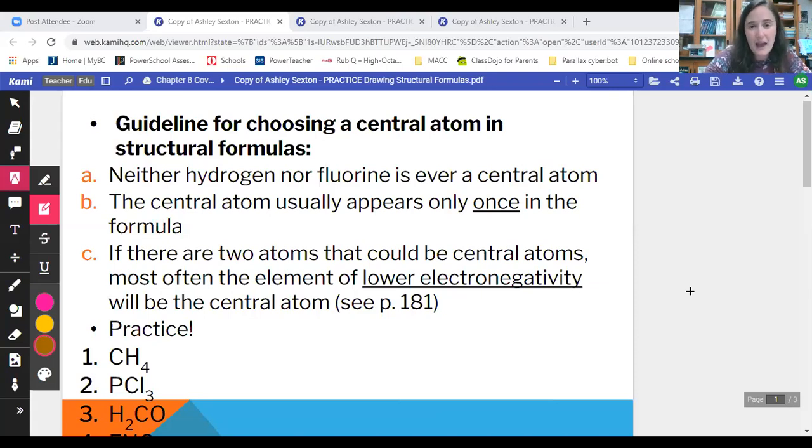If there are 2 atoms that could be a central atom, then we look at which one has a lower electronegativity. You can look on page 181 in your books to figure out the electronegativity, or you could go back to what we talked about, or you can pull out that one periodic table that we colored and we did the arrows across to show the electronegativity.